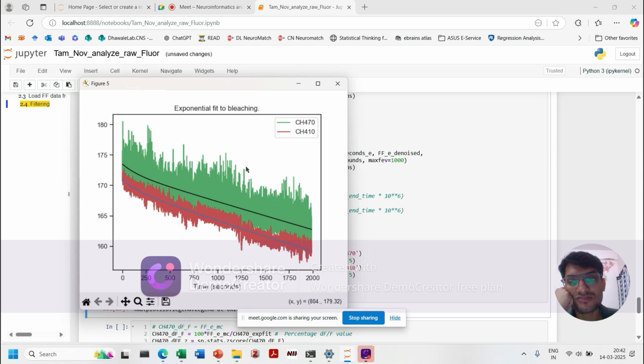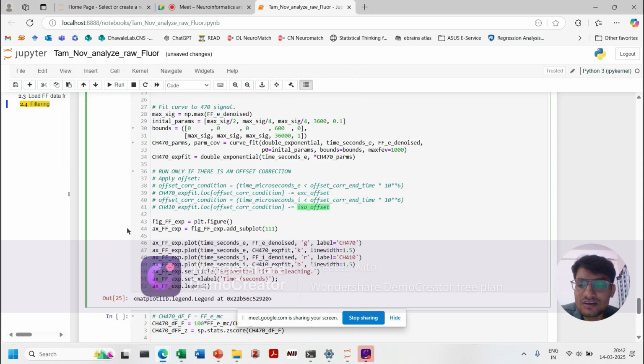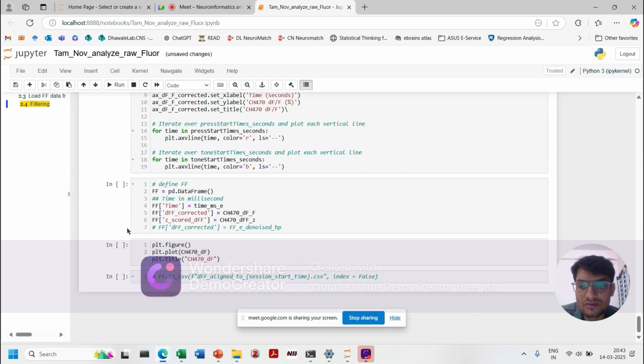So this is how we use this exponential fitting here, and I also showed you how the algorithm works in the backend. So yeah, this mostly covers the photometry part.